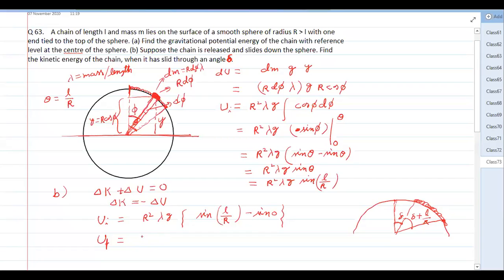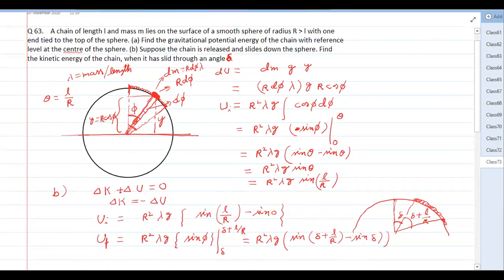So the limits, I am writing R square lambda G, and limits will be sine phi from delta to delta plus L by R. So it will be R square lambda G, sine of delta plus L by R minus sine delta. This is the final potential energy.